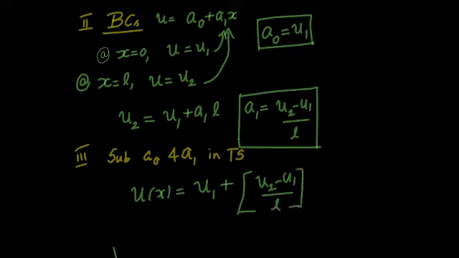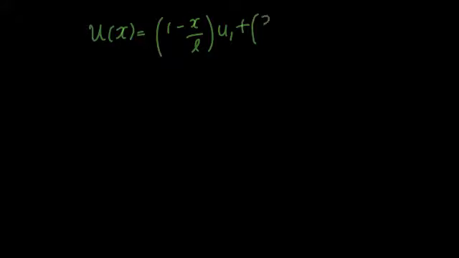If you rearrange this equation a little bit more smartly, that is, you take all the coefficients of u1 outside and take all the coefficients of u2 outside, then the value of u of x is going to be 1 minus x over L into u1 plus x over L into u2. This is what you will be getting.